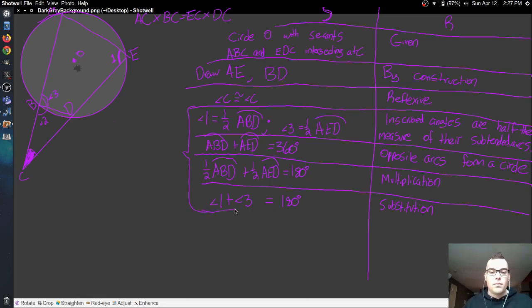Cool. How is that going to help me? Well, if you notice, angle 2 and 3 form a line here, which would mean that angle 2 plus angle 3 also equal 180 degrees because they form a linear pair. Linear pairs are supplementary.